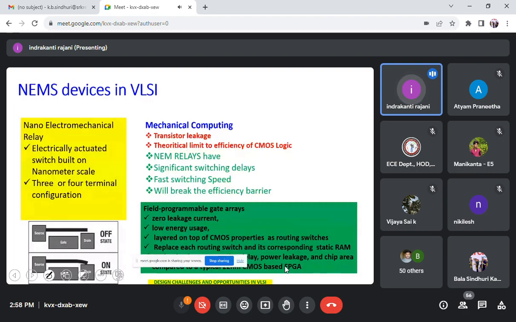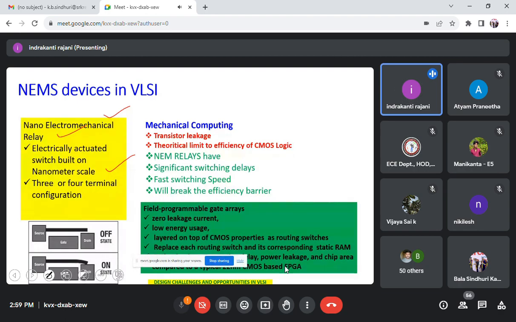So what exactly will these NEMS devices do in VLSI? This is the actual core part, because of the nano electromechanical relays. I think you have heard about actuators and sensors; on nanometer scales they are built in, and these nano electromechanical relays have 3-pin or 4-pin terminal configurations.